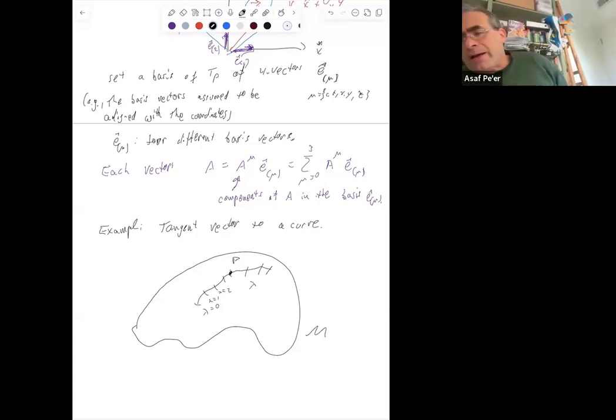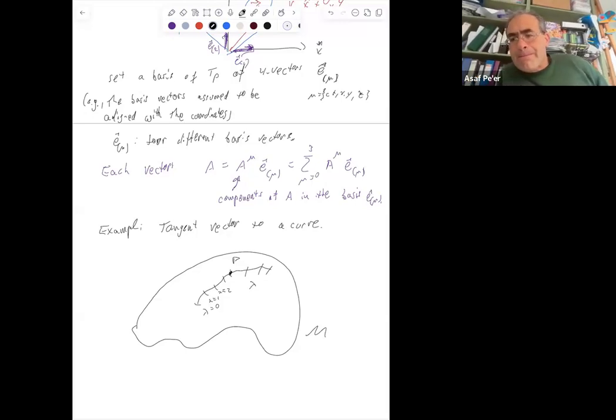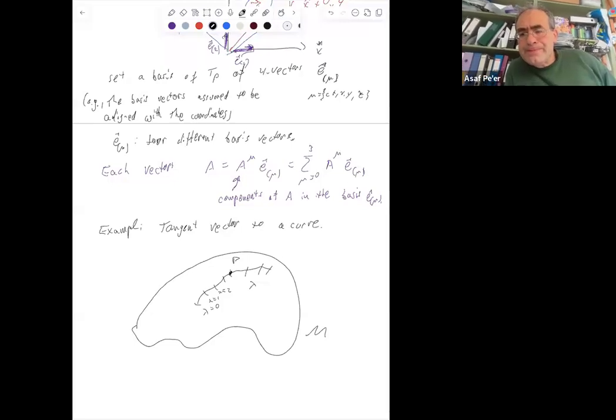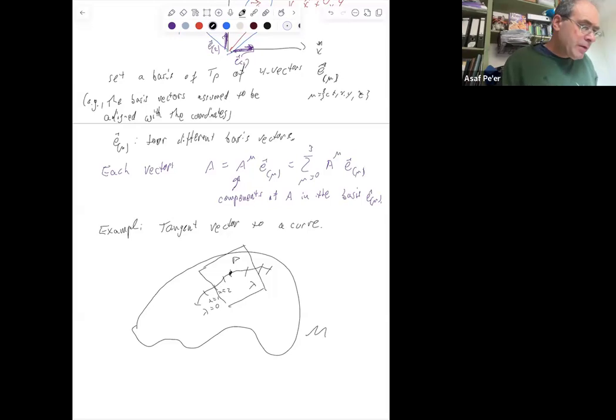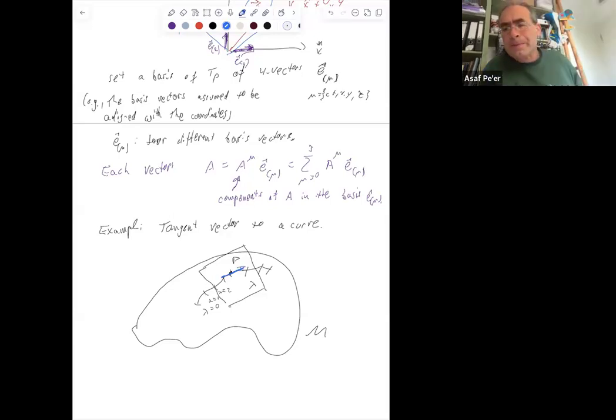Lambda describes where I am on that path. Okay? So now I'm going through P. And I can define the vector that is tangent to that curve at the point P.